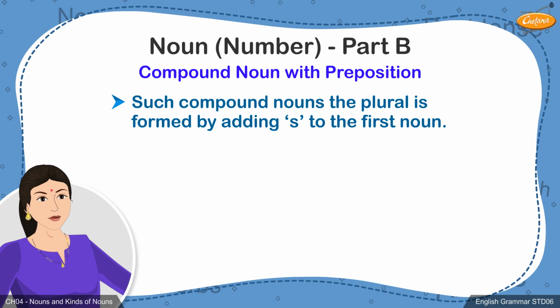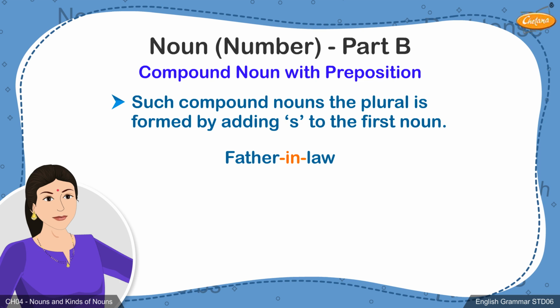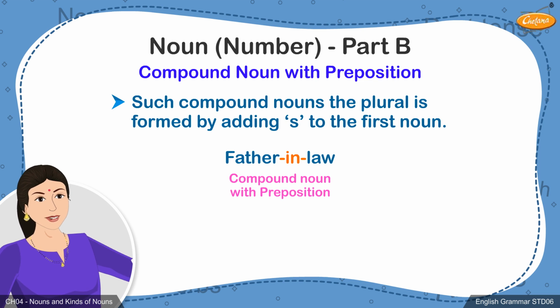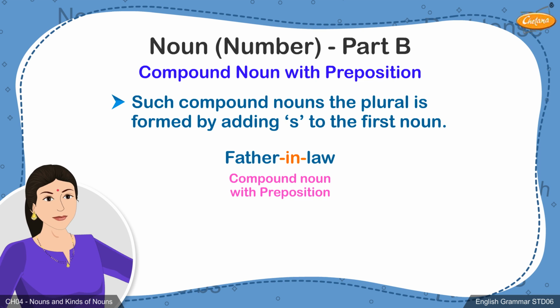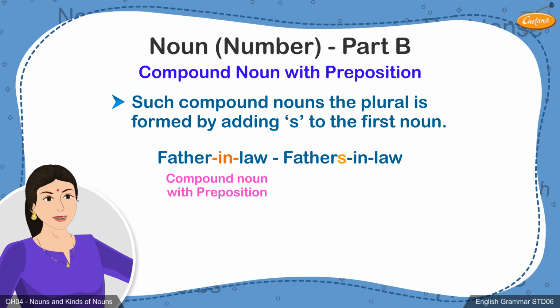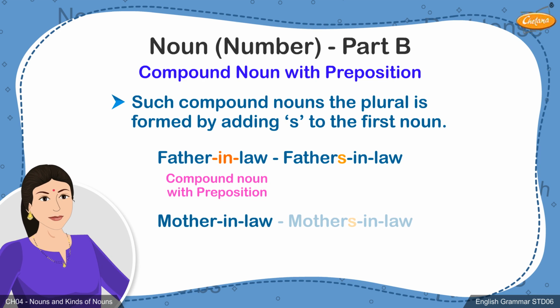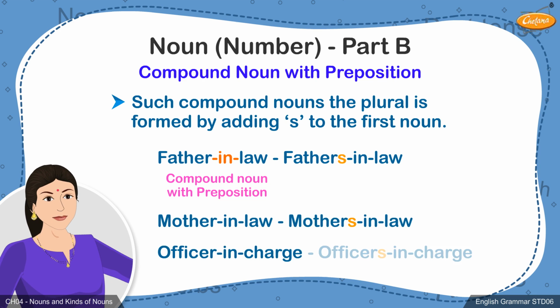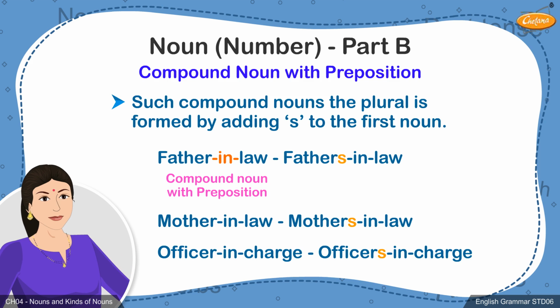For example, the word father-in-law is a compound noun. The plural form of this noun can be formed by adding s to the first noun father, that is, fathers-in-law. Similarly, mother-in-law becomes mothers-in-law and officer-in-charge becomes officers-in-charge.